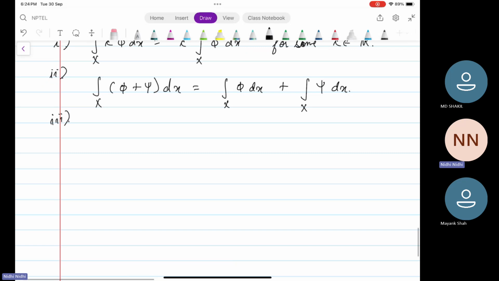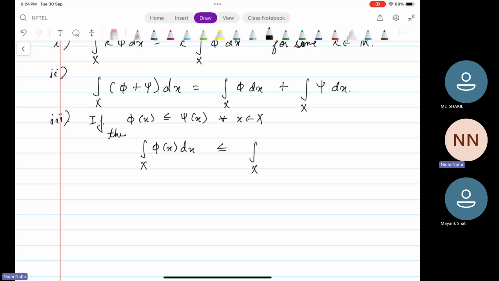In proving all this, we'll be using the basic definition. Finally, if phi(x) is less than or equal to psi(x) for every x in X, then the integral of phi(x) dx should also be less than or equal to the integral of psi(x) dx.